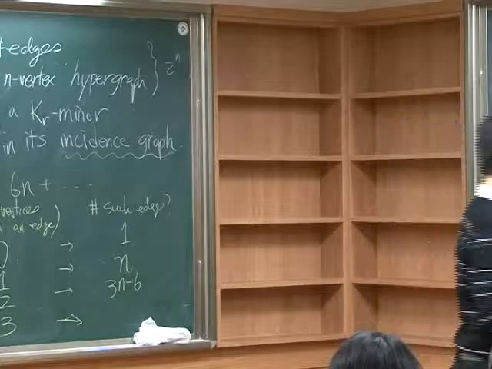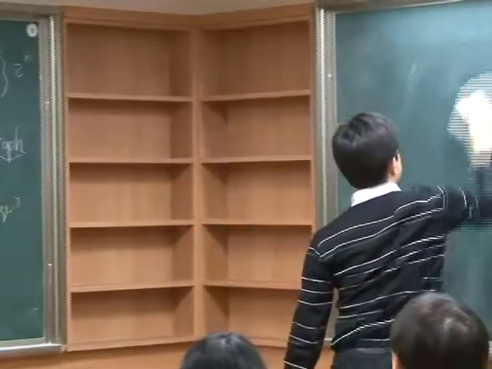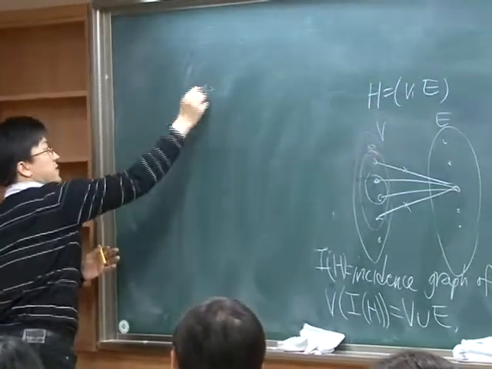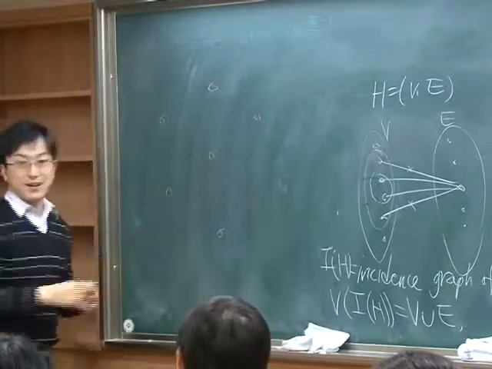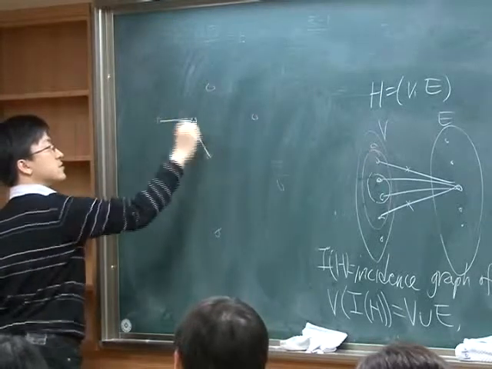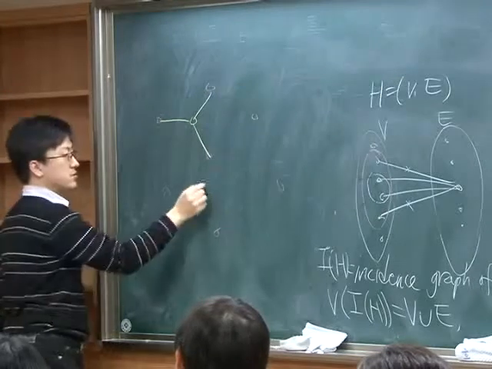Now here's a construction. You have n vertices, which I will draw as red, and you have a number of edges. I'm looking at the instance graph.